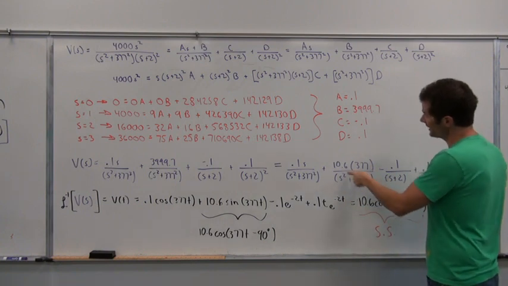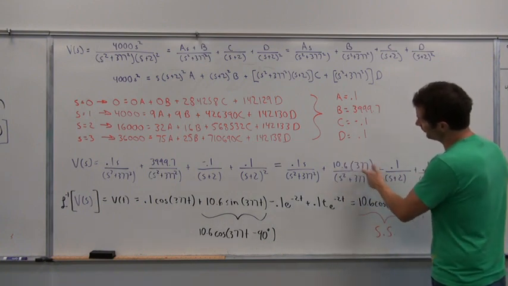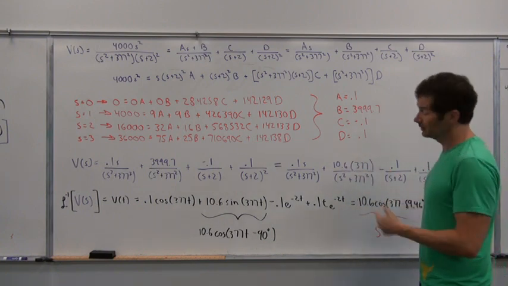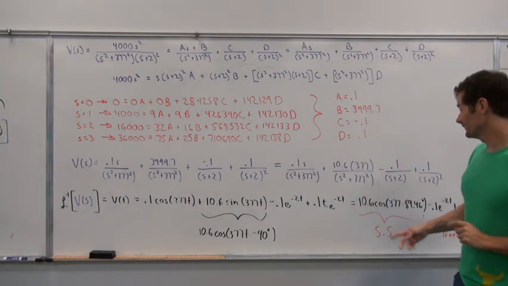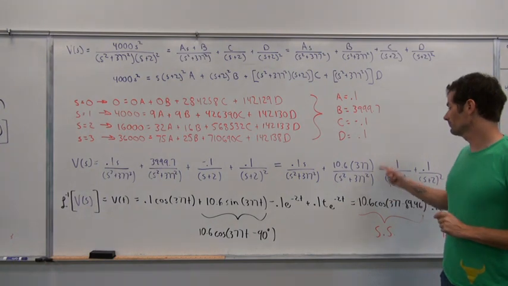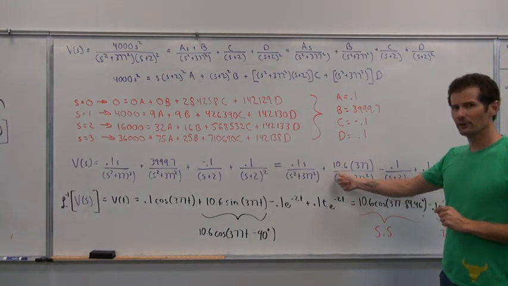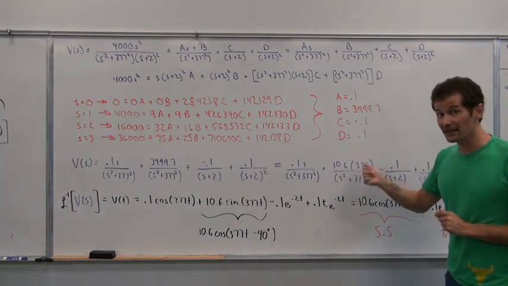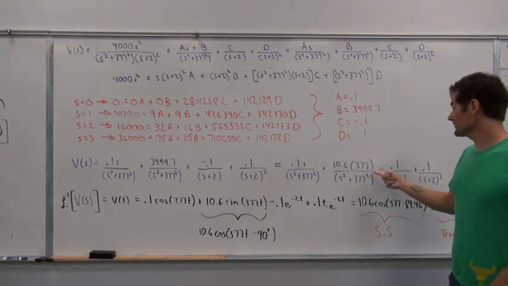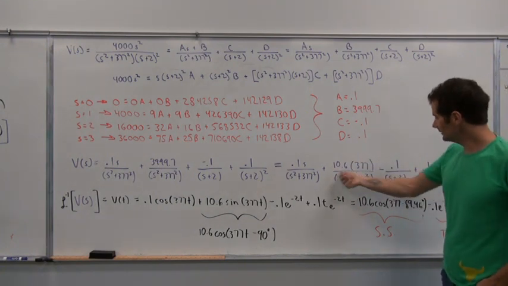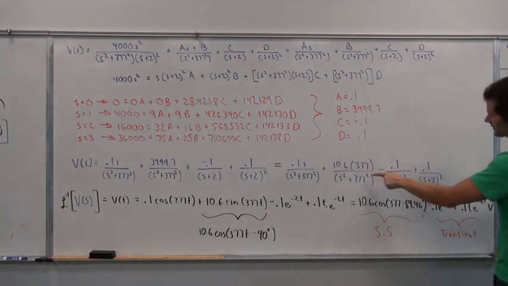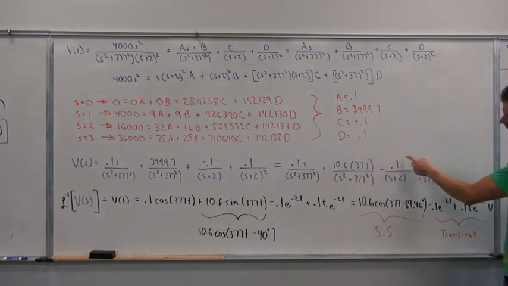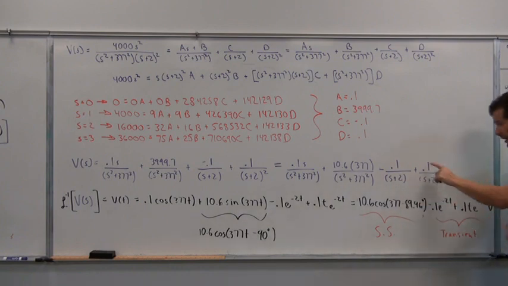But for the sine wave, if we take out 377, we actually get a true coefficient of this partial fraction expanded term right here of 10.6 times 377, we just factor that out, over s squared plus 377 squared. And then over here, just as we had before, stays the same: negative 0.1 over s plus 2 plus 0.1 over s plus 2 squared.